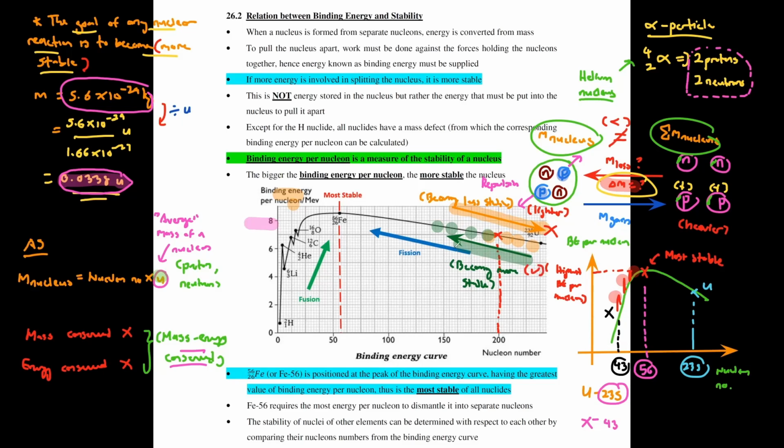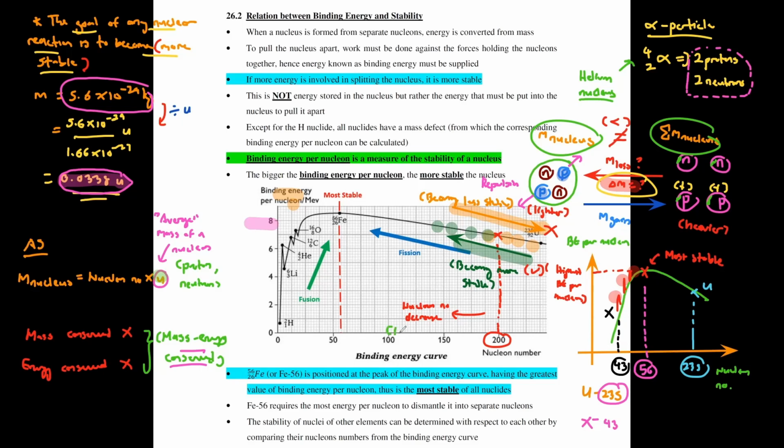Now notice what happens if you go up the curve. If you are starting from 200 and you go up the curve, your nucleon number will start to decrease. From 200 you go down to some lower value. Now how are you going to have a decrease in nucleon number?